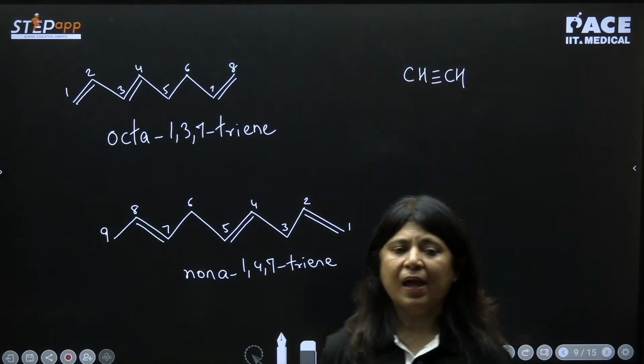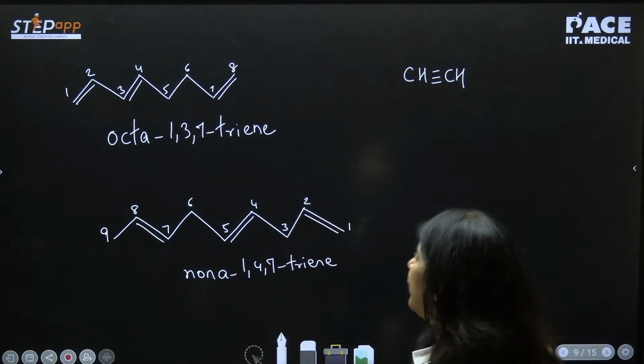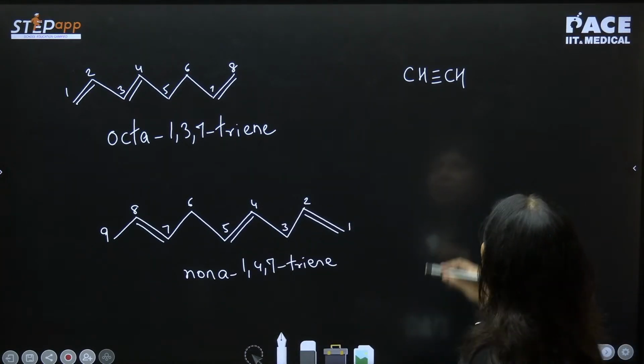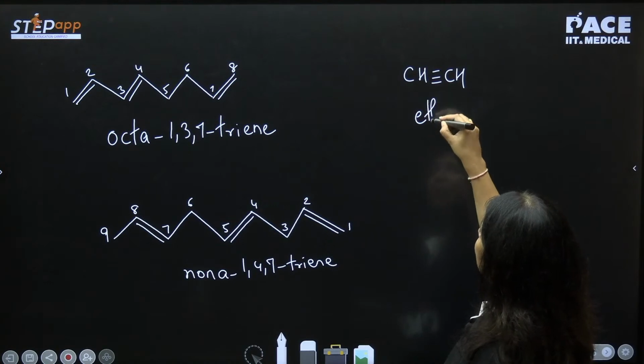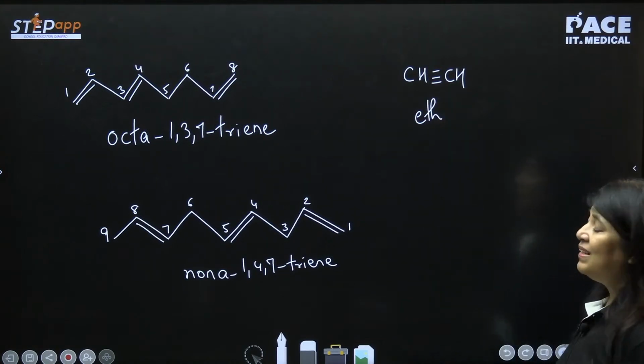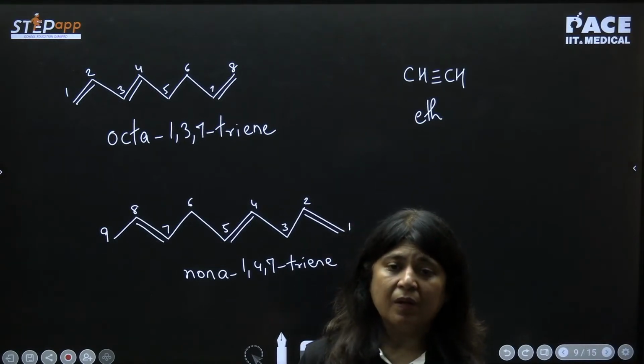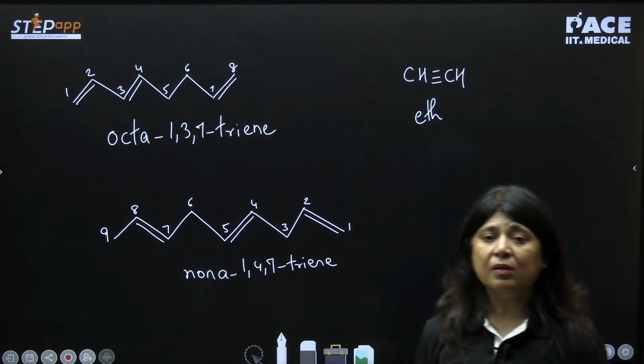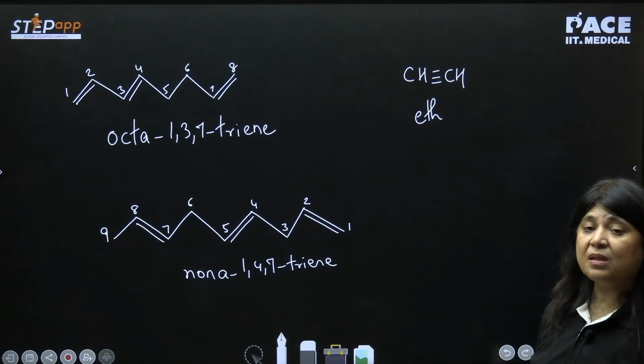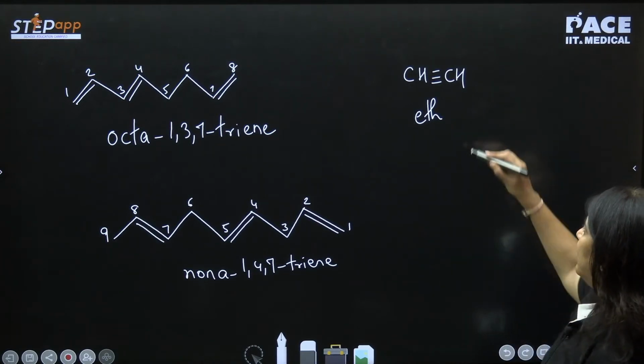Now this compound has 2 carbon atoms. So the root word for this is eth. It is unsaturated because of the presence of a carbon-carbon triple bond. So the primary suffix which we are going to use here is ine.